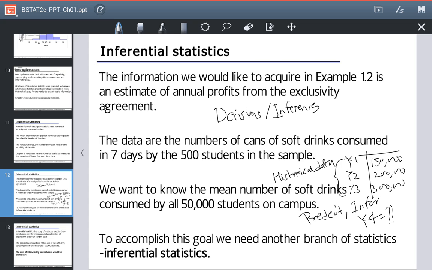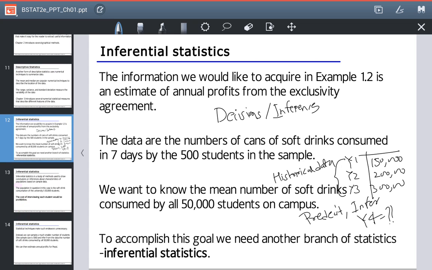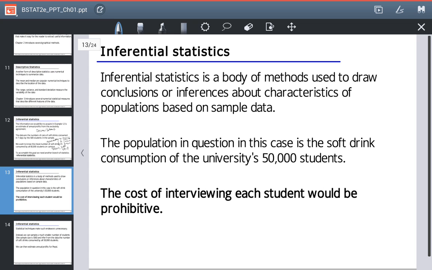Now the way you set up an experiment in inferential statistics is by using a sample from a big population. Let's say you want to conduct a survey among all the students in this campus, and the parameter of interest is the proportion of smokers in the campus.